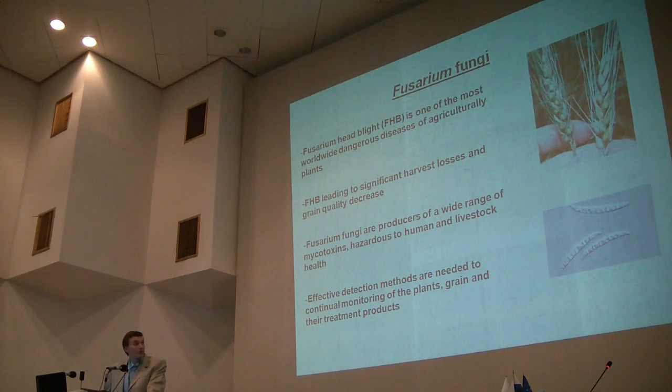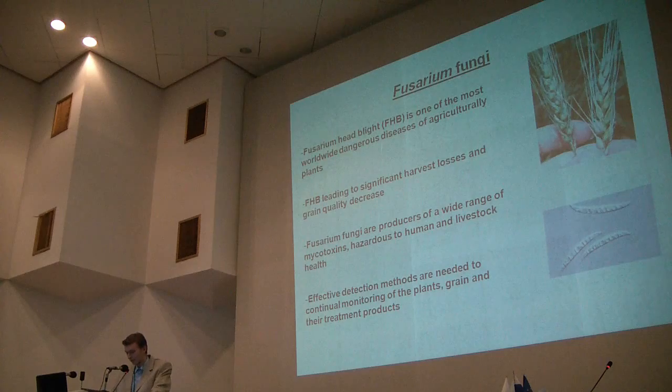The genus Fusarium was established about 200 years ago, and as you probably know, Fusarium species are among the most dangerous and widespread plant pathogenic fungi, with several species affecting important agricultural plants like maize, barley, wheat, and others.